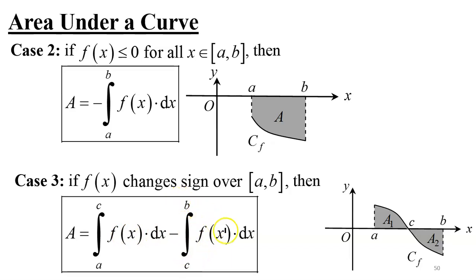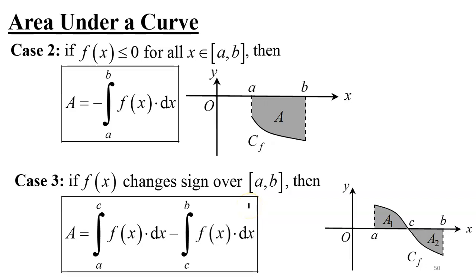However, from C to B it's negative, so the area would be the opposite of the integral, and then we just add them.